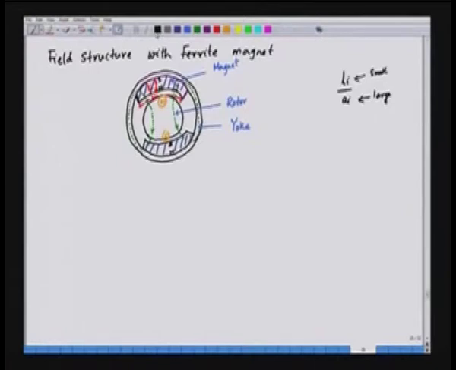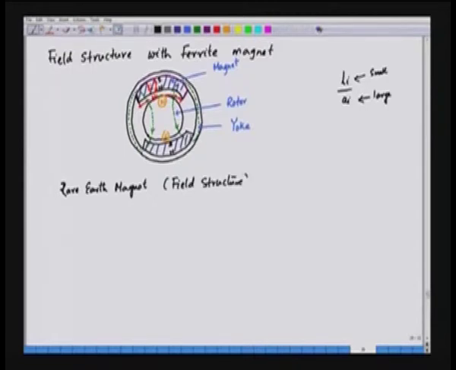The most expensive magnets are the samarium cobalt or rare earth magnets, because they have large Br and large Hc. We have already seen in the last lecture that for this rare earth magnet, we are talking about the field structure with rare earth magnet.